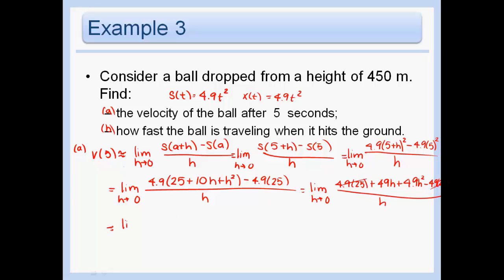So we have the limit as h approaches 0 of 49h plus 4.9h squared all over h. Let's factor that h out of the top so that we can get rid of this 0 in our denominator.